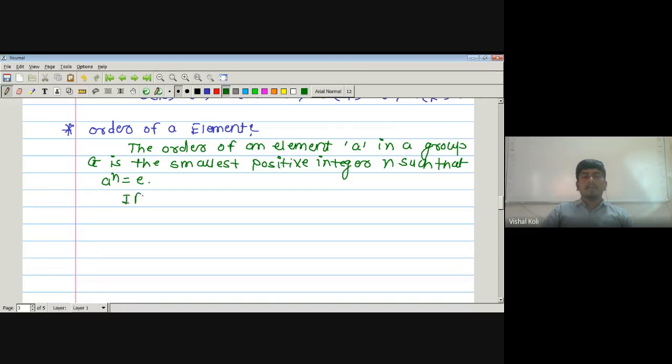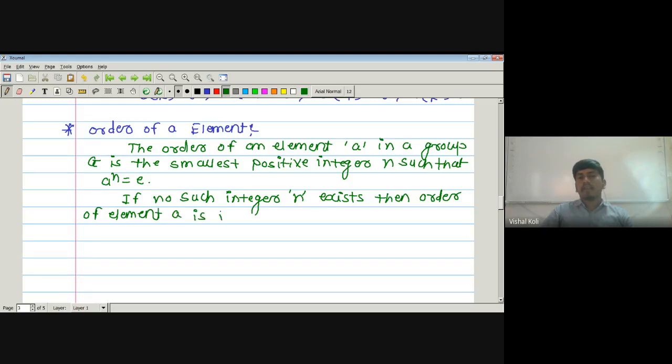If no such positive integer n exists, then the order of element a is infinite.